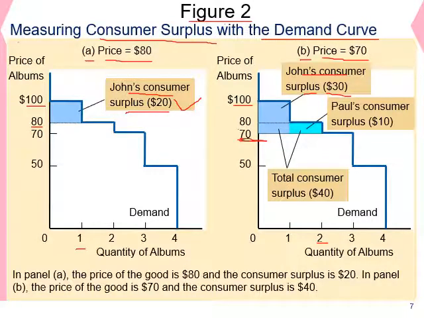And Paul's consumer surplus is going to be 10. You take his willingness to pay for the album, $80, minus the price actually paid, 70, which will give you $10. So the total consumer surplus is 40. You take the surplus for John plus the surplus for Paul, 30 plus 10 is equal to 40.